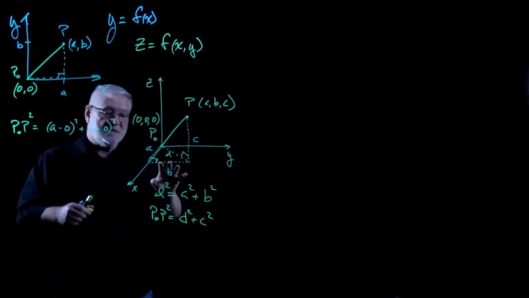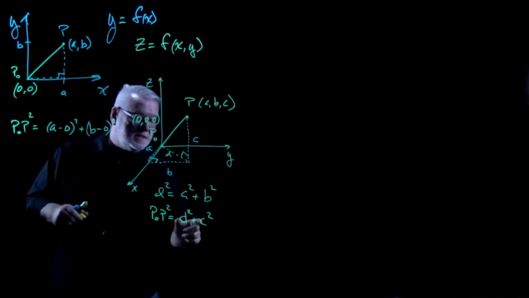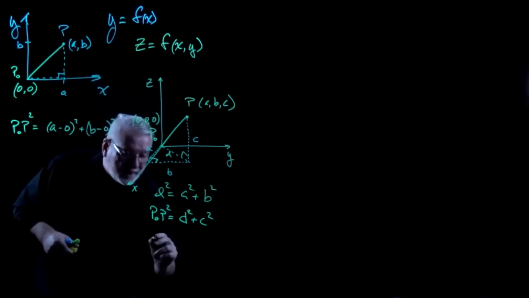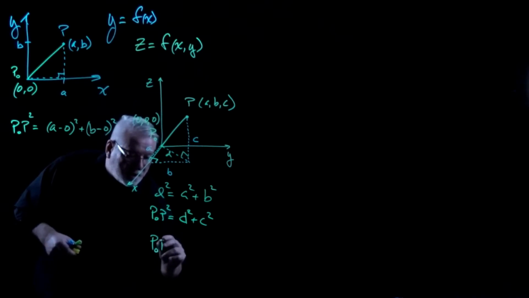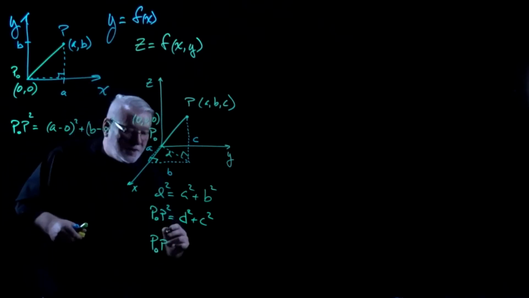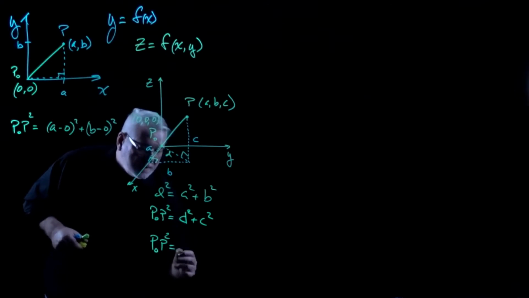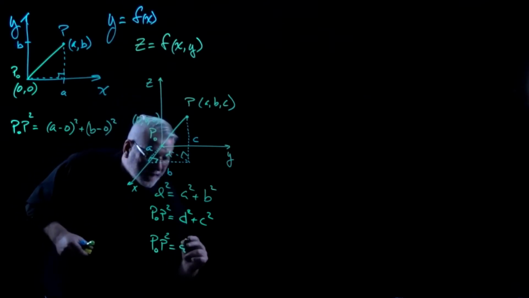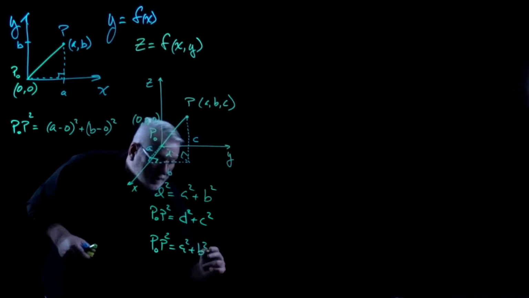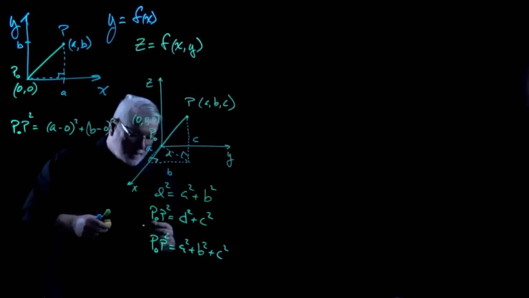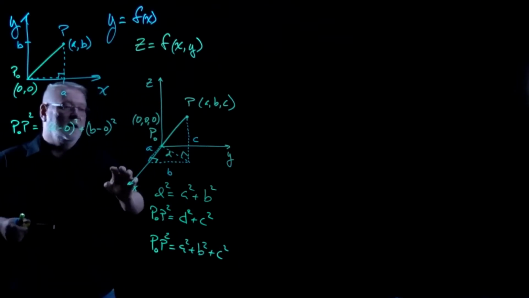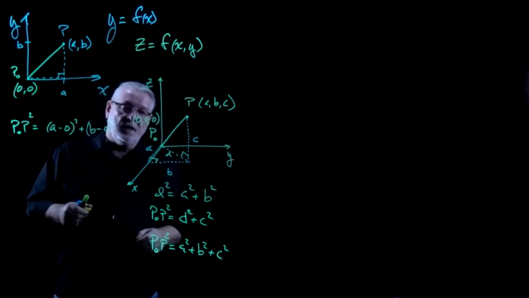And of course, you can see now that I can substitute this d squared into this one. And we end up with something that I like to call the hyper-Pythagorean theorem. P naught squared is equal to a squared plus b squared plus c squared. And of course, just like we did over here, P naught did not have to be located at the origin.